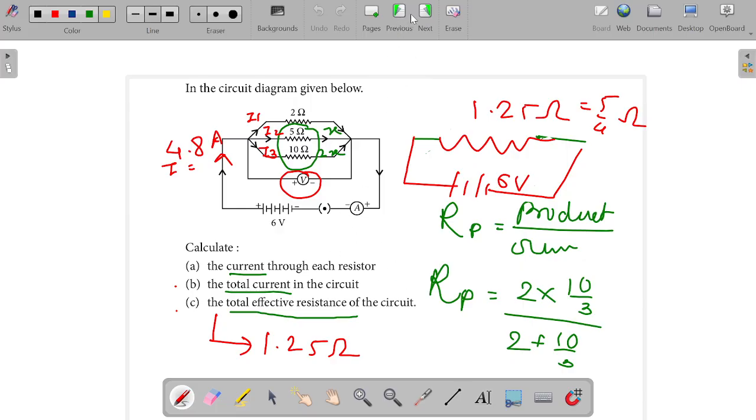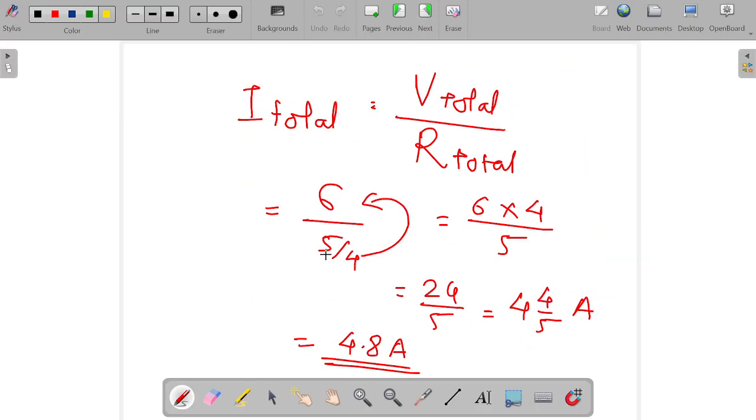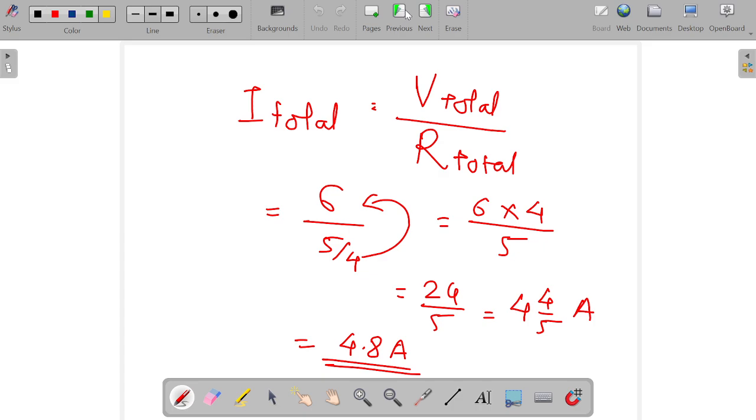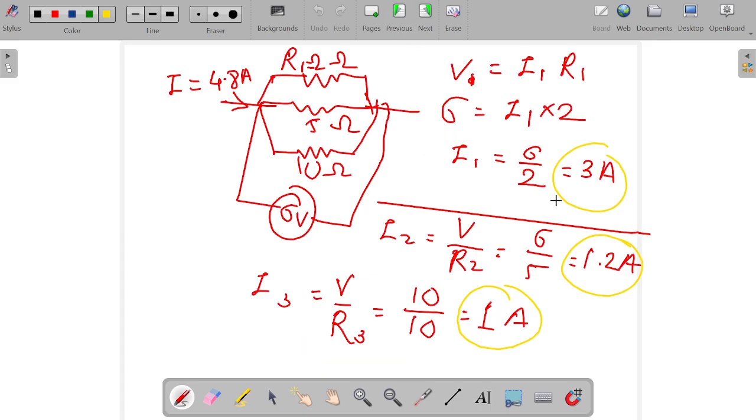So here whatever value we are getting as I total, 4.8 ampere, here it is 3 ampere, here it is 1.2 ampere and 1 ampere.